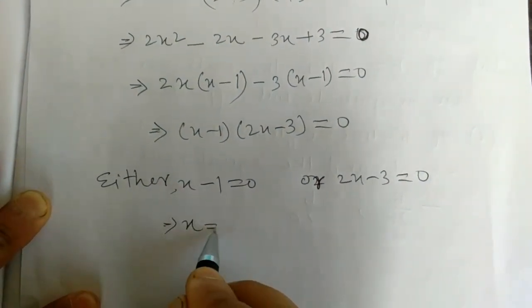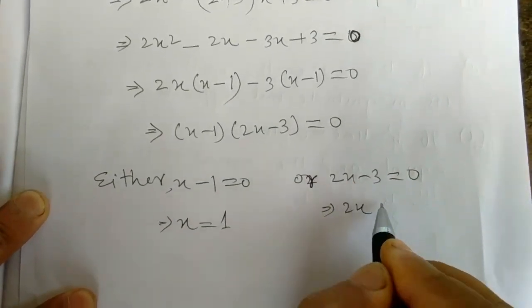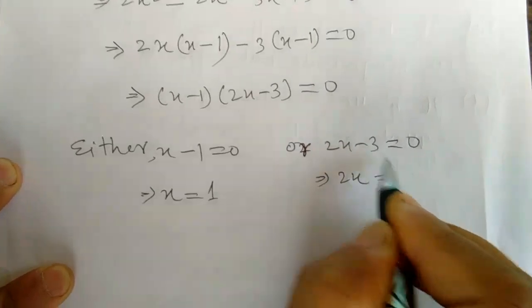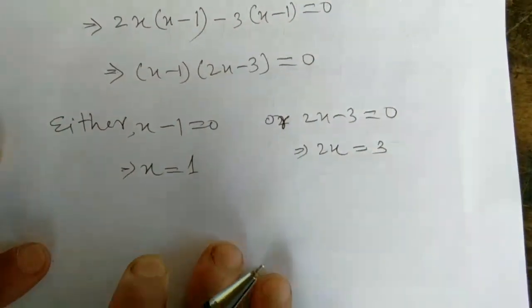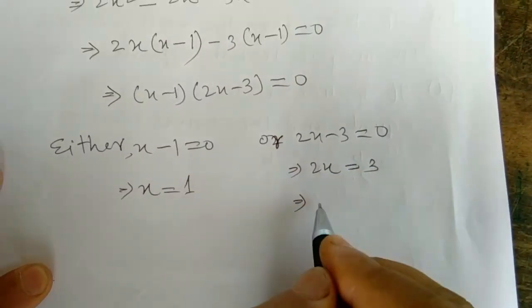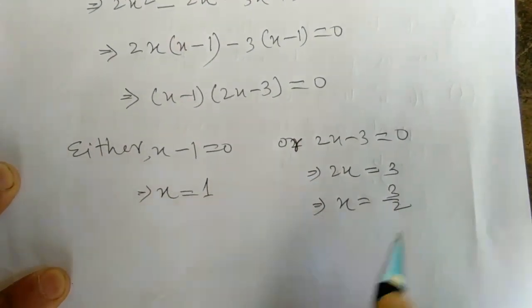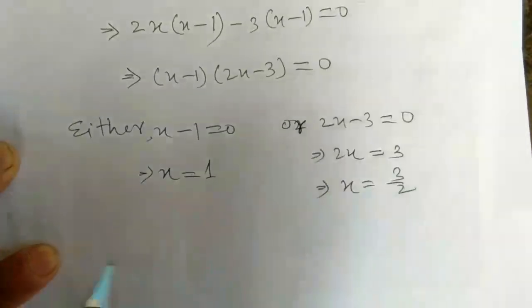This is minus, that will become plus if we transfer it to the right. We cannot keep any coefficient with x, so you must transfer it to the right side. x equal to 3 by 2. If you transfer this 2 to that side, it will become divide. So these are the two roots.